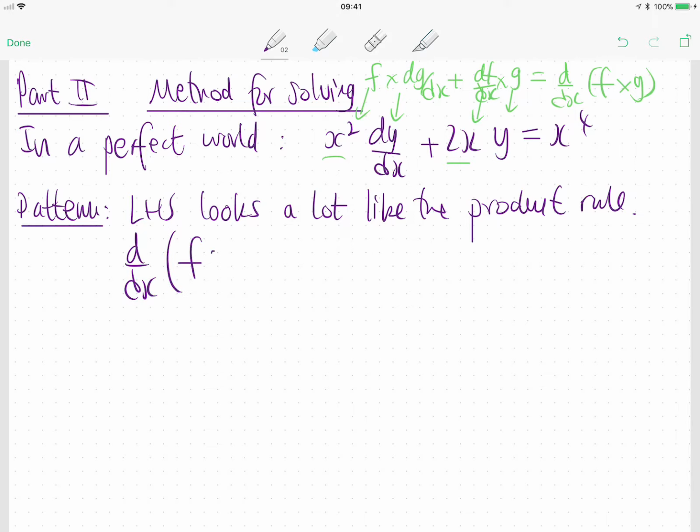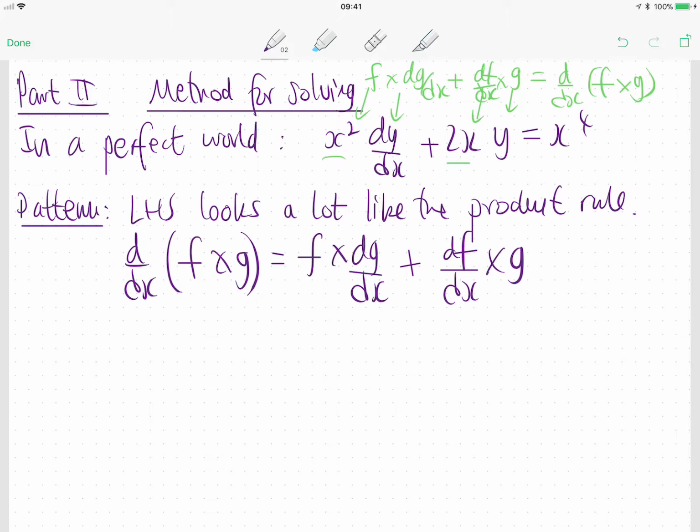So the product rule for differentiation says if you differentiate f times g, it's the same as keep f the same, differentiate g, times them together, plus differentiate f times g, times them together, add those two terms up.